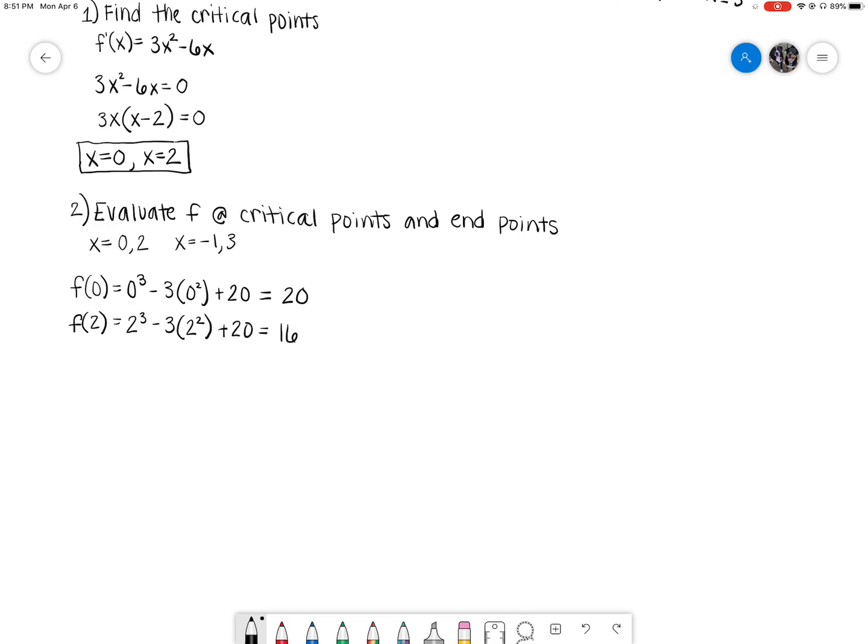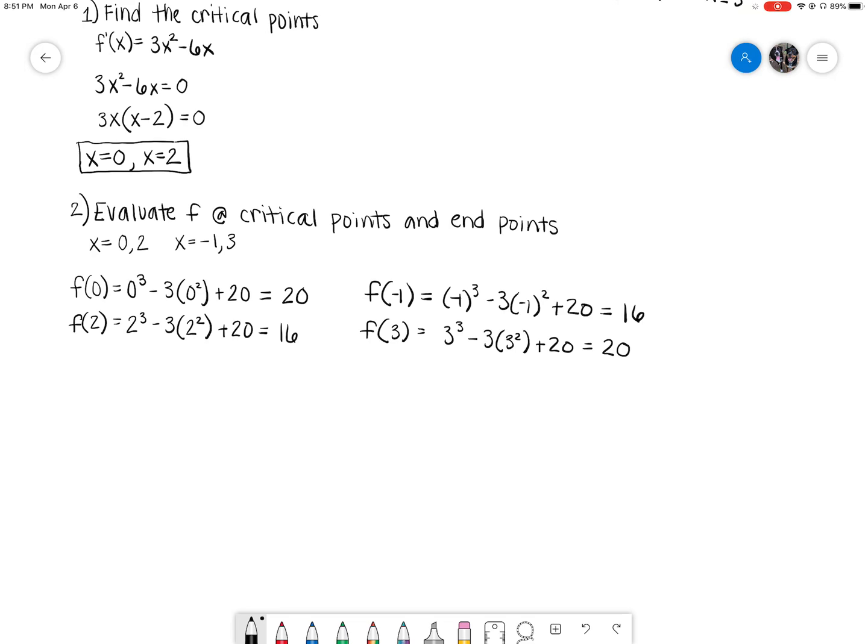That gives us 16. F of -1 is -1 cubed minus 3 times -1 squared plus 20. That is also 16. F of 3 is 3 cubed minus 3 times 3 squared plus 20. That gives us 20. Interesting thing.